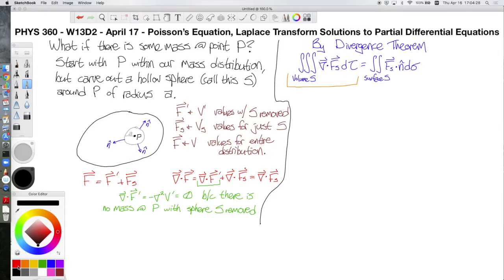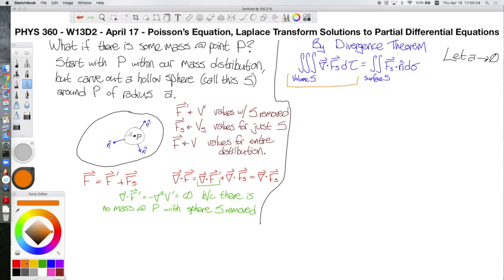Because if we take the limit of everything as a approaches 0, we get an answer that is equivalent to the potential at point P as though that sphere were never removed to begin with. And as we let a approach 0, the left side of this equation, the volume integral, becomes almost trivial.